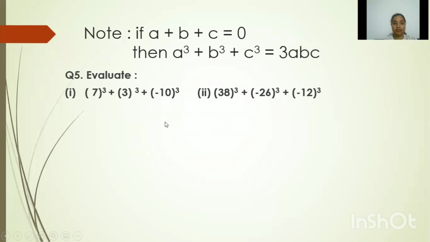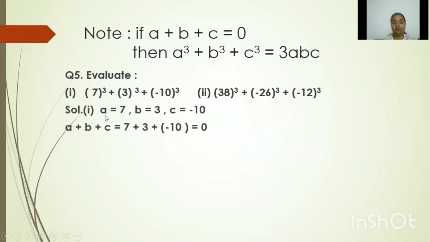See the solution. My first term in terms of A is 7, B is 3, and C is minus 10. So if I do A plus B plus C, I'll get 0, right? So when I get A plus B plus C equals 0, then my expression can be given with this, 3ABC.